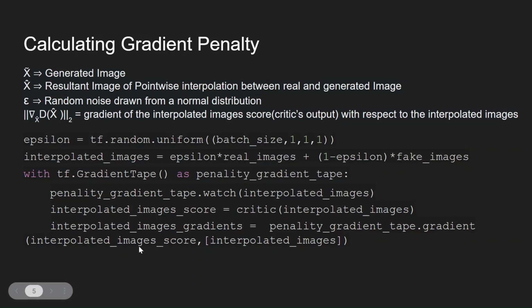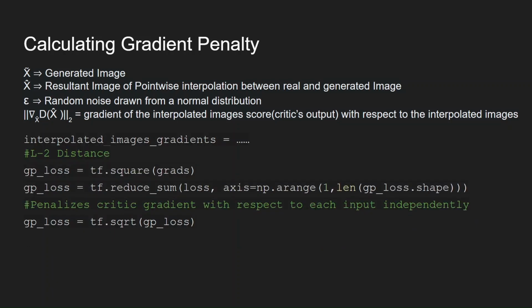So this is like y, my function, and this is the x with respect to which I want to find the gradients. Once I have this interpolated images gradient, now I need to put it in the formula to get my gradient penalty loss.